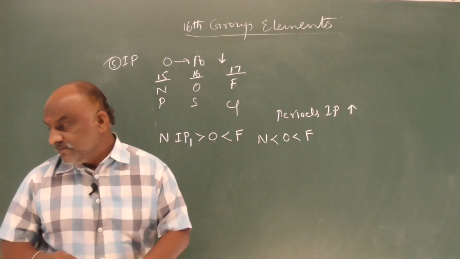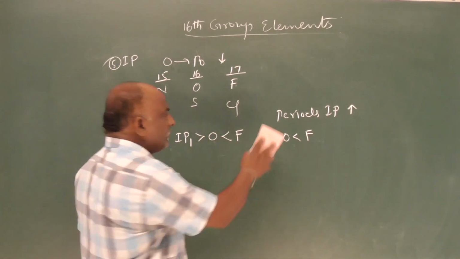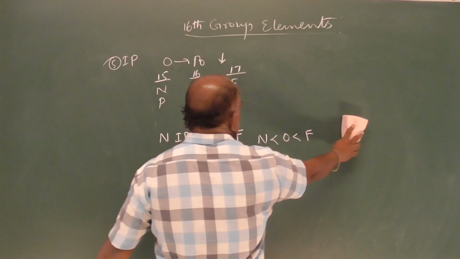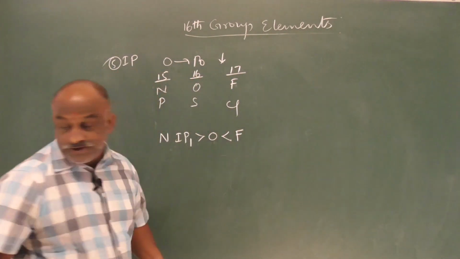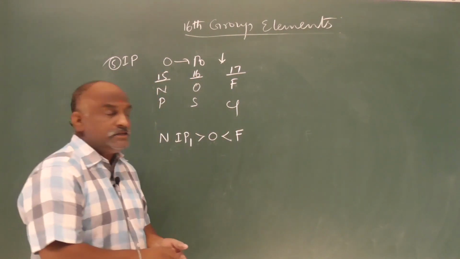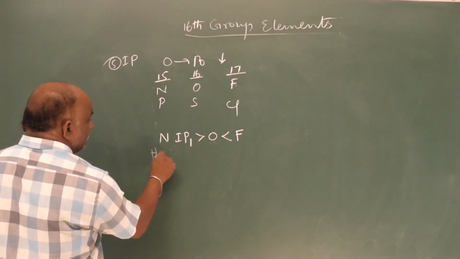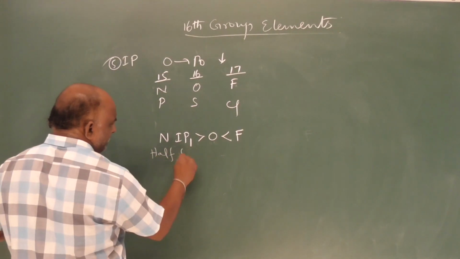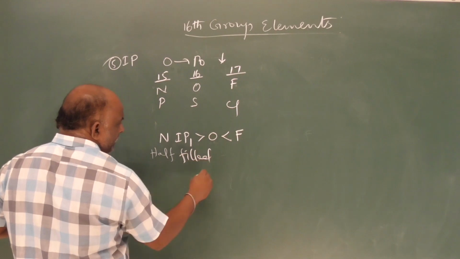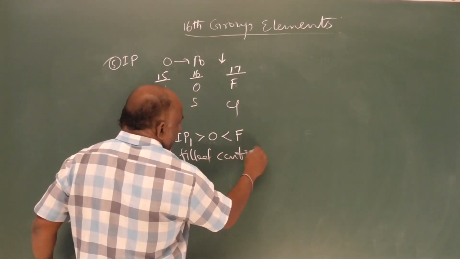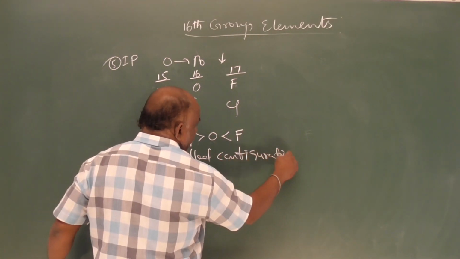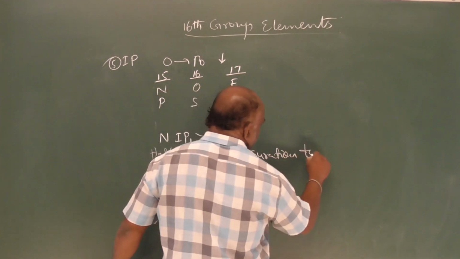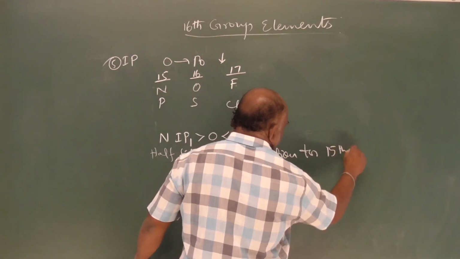What will be the reason? We have to notice this reason, very important. Nitrogen has a half filled electronic configuration, the half filled configuration for the 15A group.